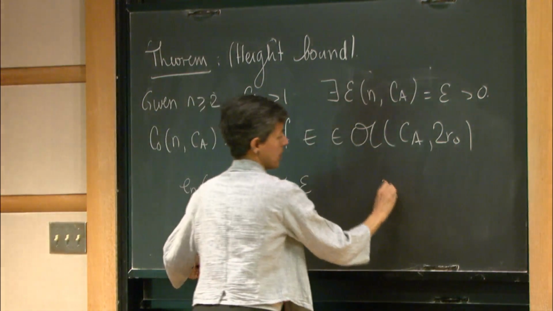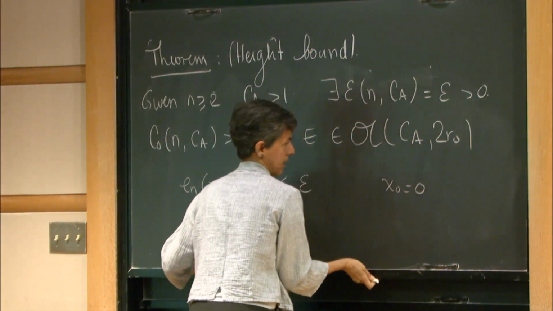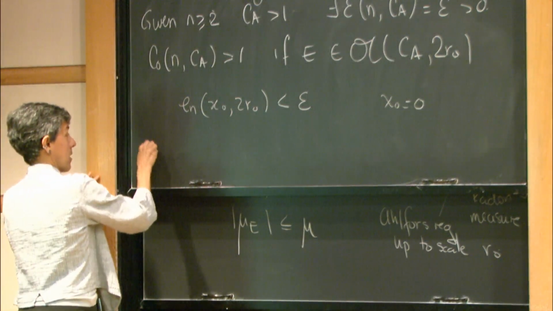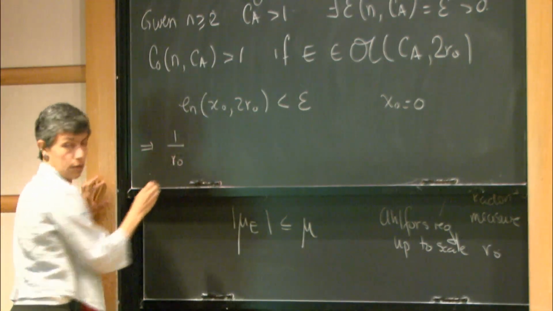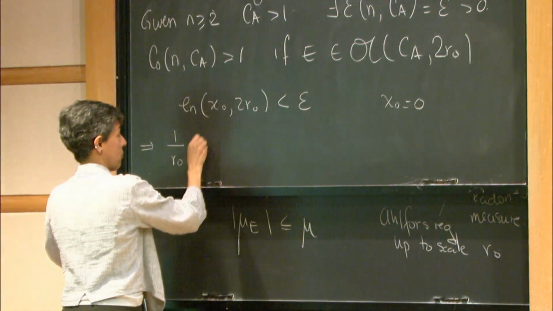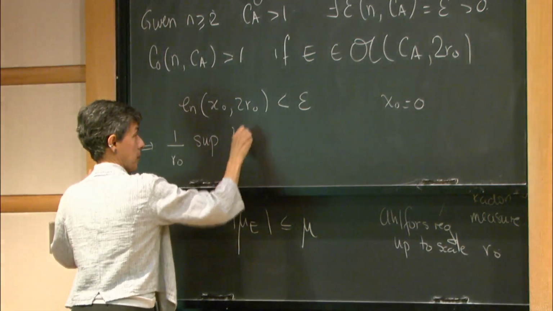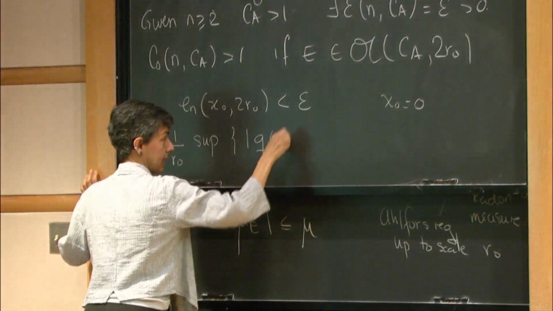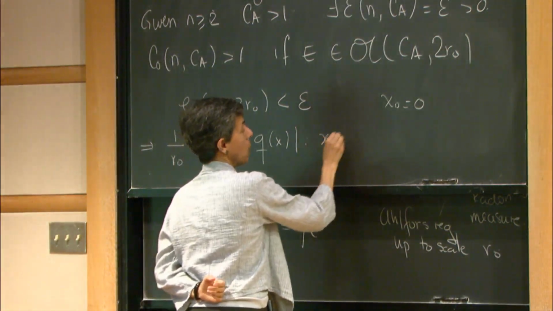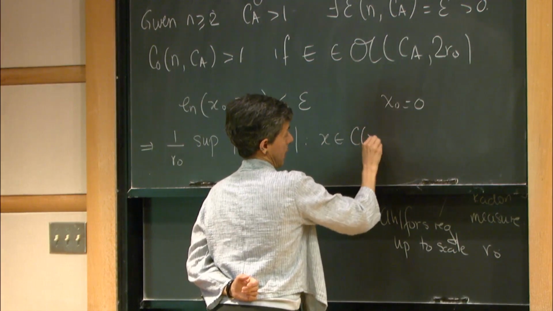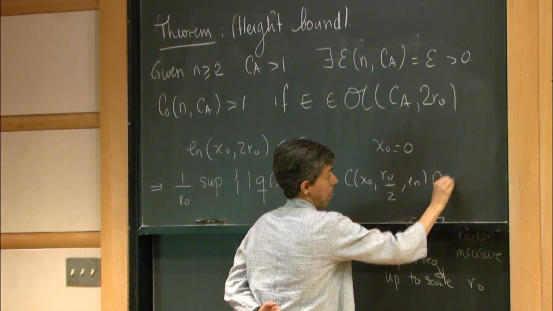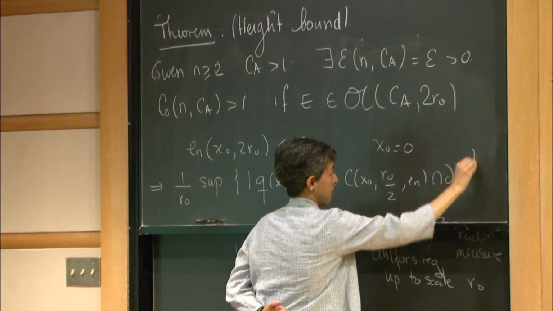Remember, I'm choosing x naught to be 0 just because it makes my life easier. But so then, 1 over R0, I'll draw this. Please bear with me for a second. The sup. So I look at the height. I am going to look in a smaller cylinder. I always need to make my cylinders a little bit smaller. So really poor board technique.